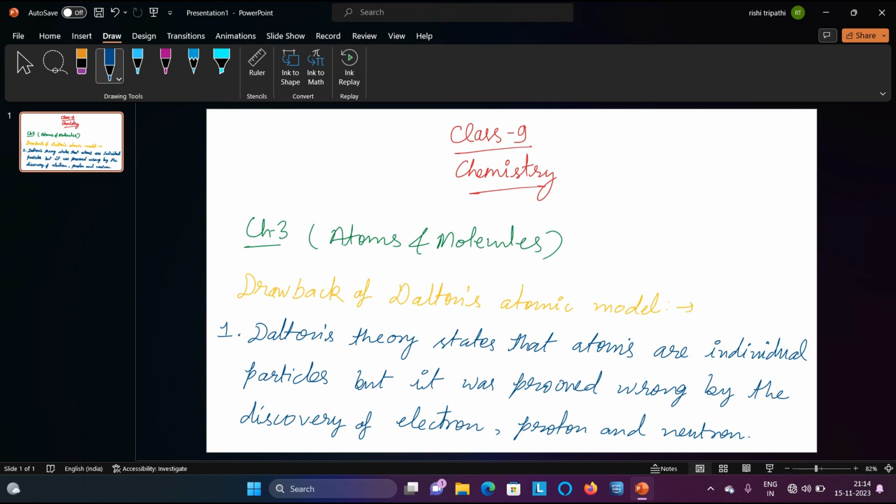It was further explained that an atom can be divided into electron, proton, and neutron. It was proved wrong that atoms are indivisible. Atoms are divisible into electron, proton, and neutron. So it was the first drawback of Dalton's atomic model.